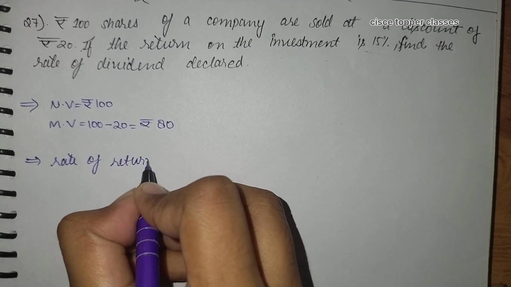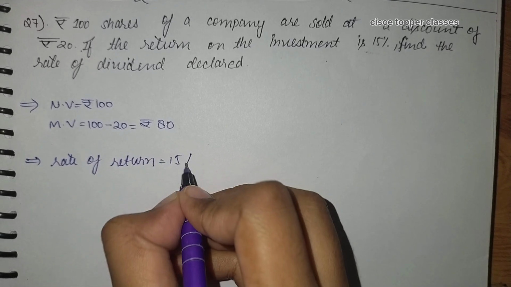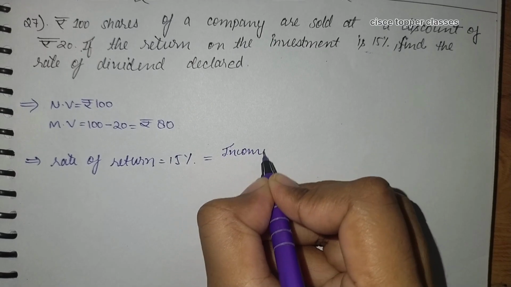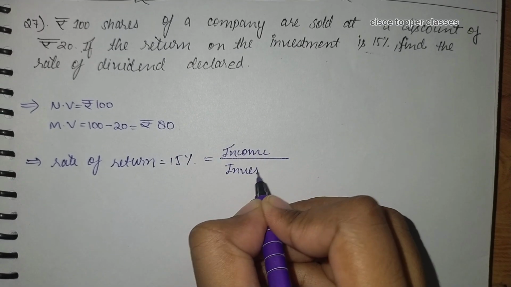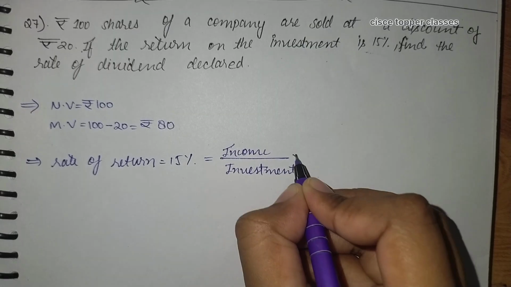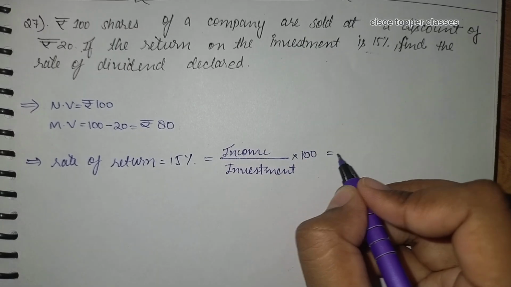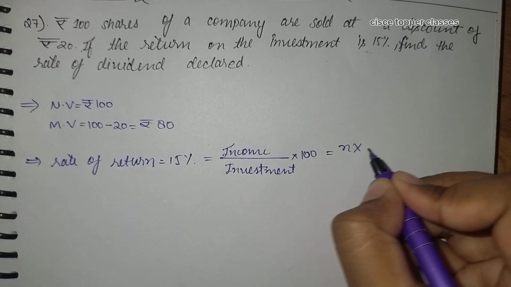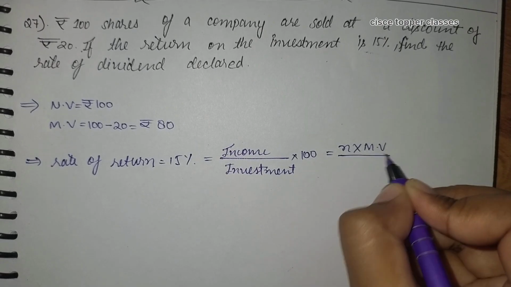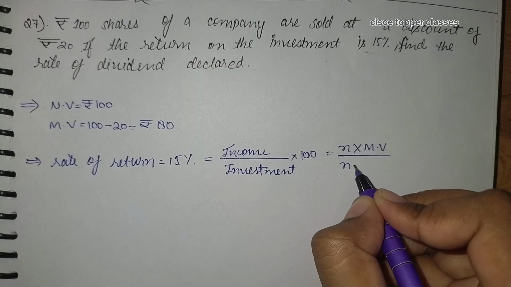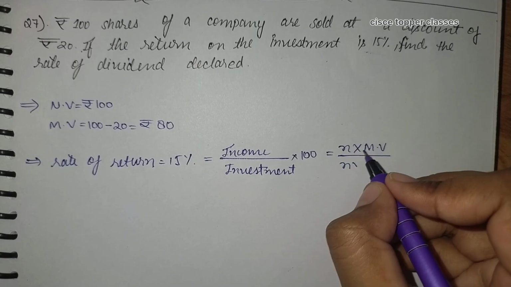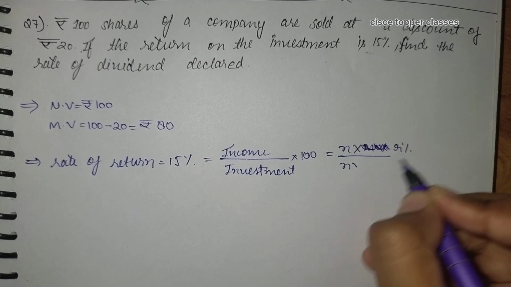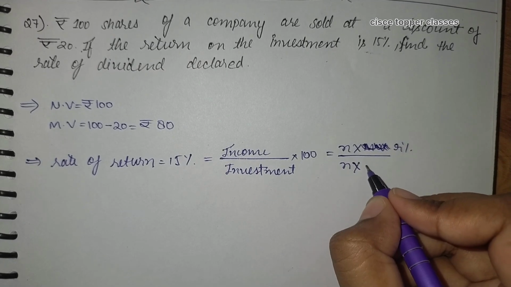Rate of return is also given to us as 15%, and we know the formula for rate of dividend, that is income by investment into 100. We also know the formula for income as n, the number of shares, into the rate percent of the dividend, and investment is n into the market value.